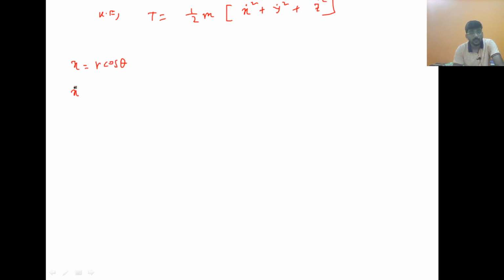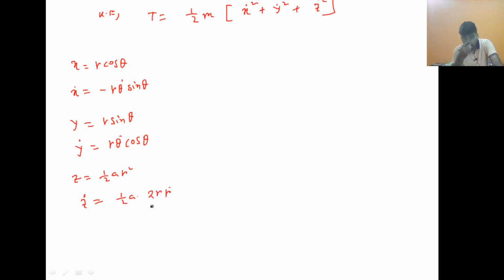So x dot will be minus r theta dot sin theta. Similarly, y is r sin theta, so y dot will be r theta dot cos theta, and z is equal to half a r square. So z dot will be half a into the differentiation of r square, meaning 2r r dot. So it will be a r r dot.